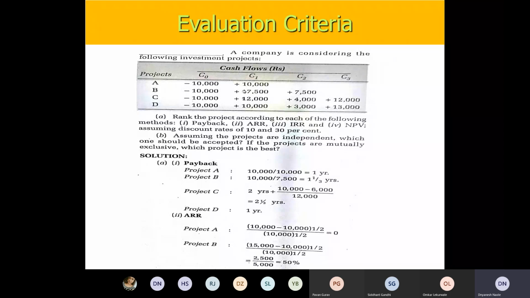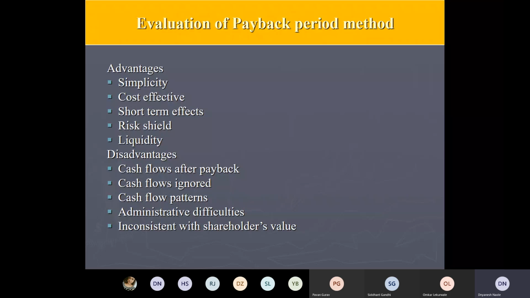Then the third one is cash flow patterns. Okay, so cash flow patterns, what does it say? It does not consider the magnitude and the timing of the cash inflows. Okay, if you remember, one of the points to be considered for the decision rule to select the project is that higher cash flows earlier are better than the higher cash flows in the latter part of the project.